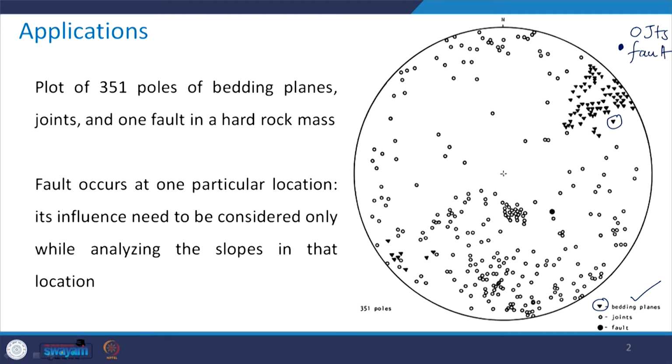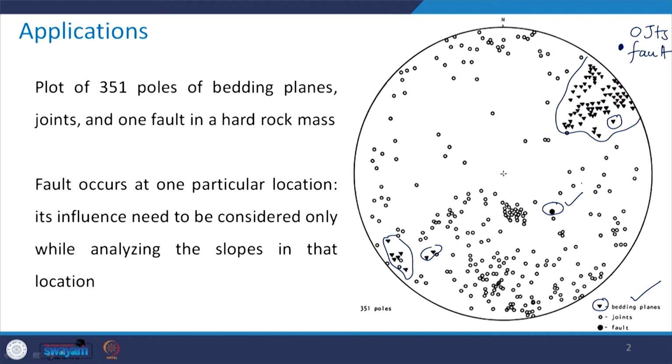Have a close look at this figure. You will see that mostly these solid triangles are here in this zone, and some are lying here, and then here. There is only one fault in the hard rock mass, which is here at this location.